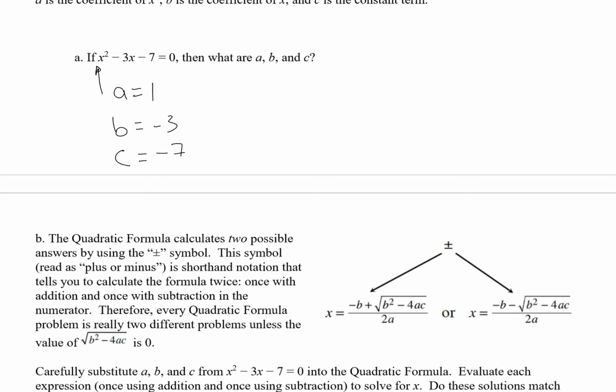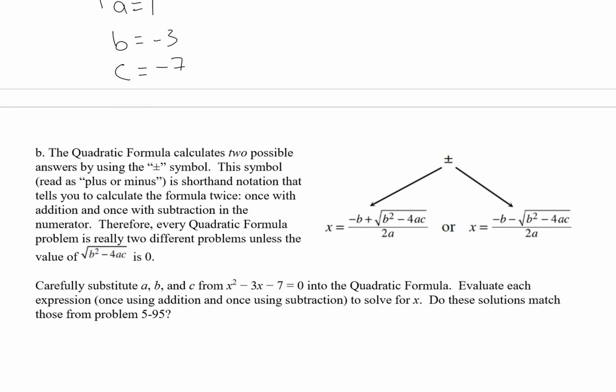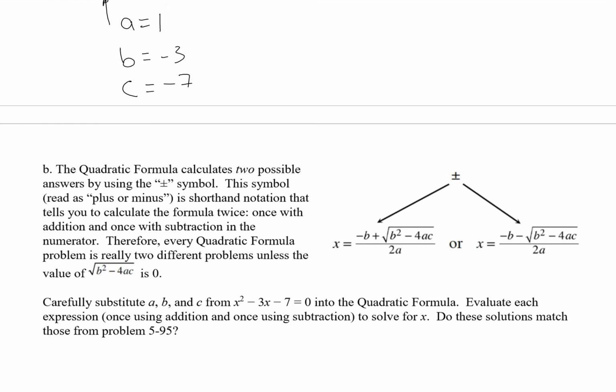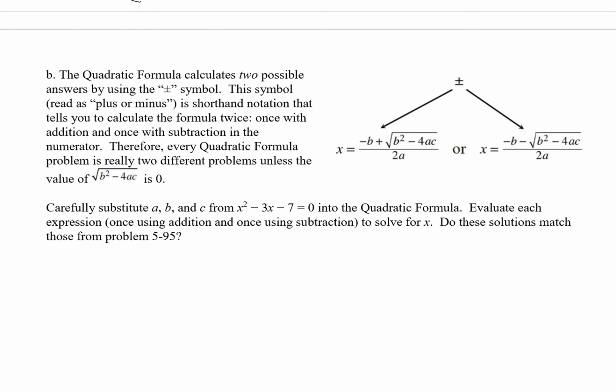All right, okay, so now it says carefully substitute in the values of a, b, and c into the quadratic formula and evaluate each expression once using addition and once using subtraction to solve for x. Do these match the solutions from problem 95? Okay, let's do this. So I'm going to go ahead and write this down here.